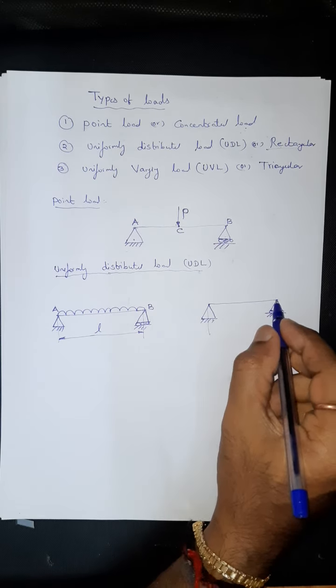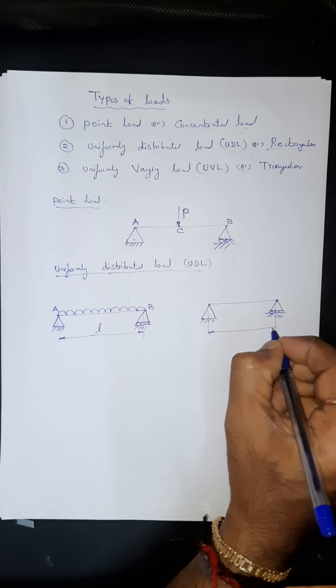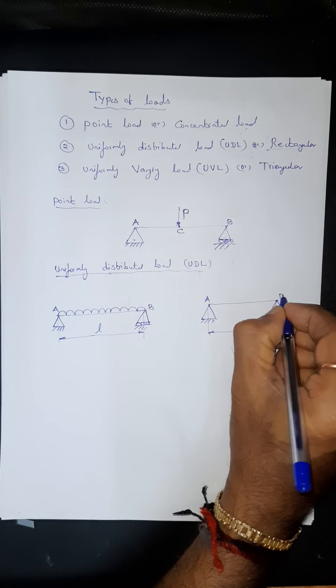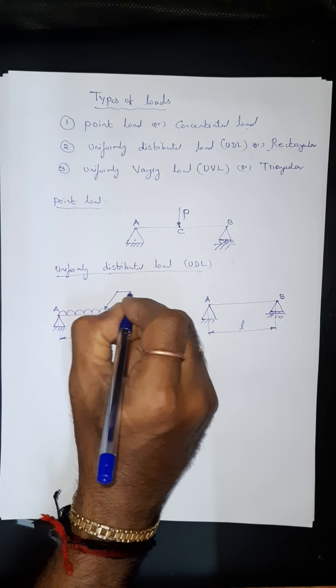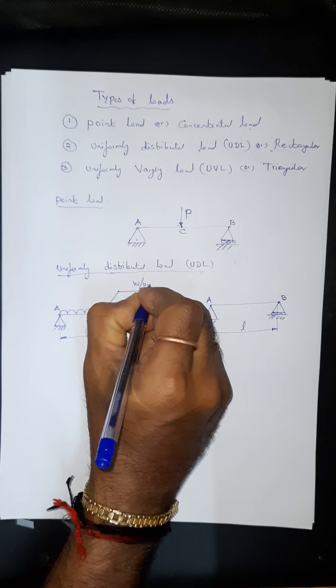The distance between point A and B, the length of the beam, can be taken as L. Here the load intensity can be specified as W per unit length.